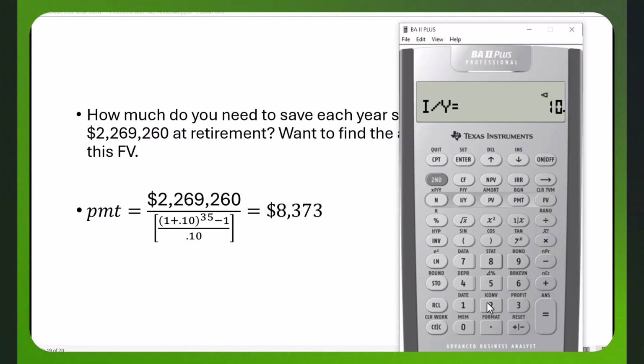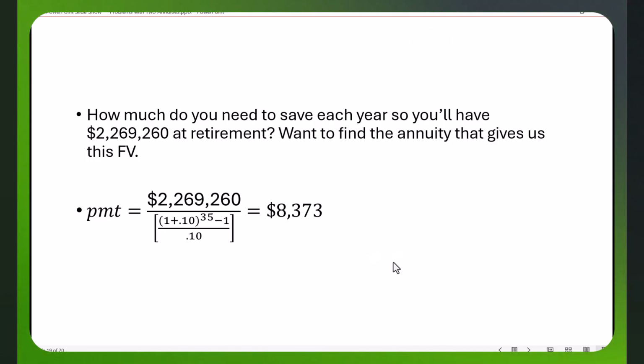And the future value is 2,269,260, and we compute the PMT, and you have to save $8,373 each year so that you'll be able to take out the 250,000 during the years you're retired.